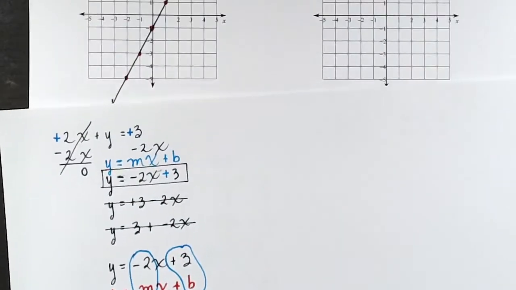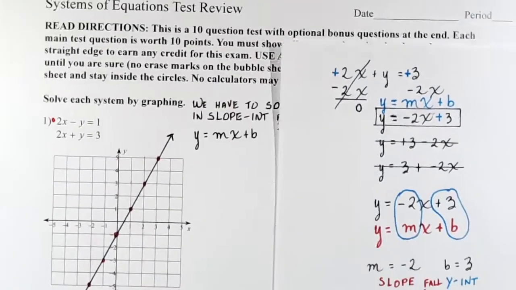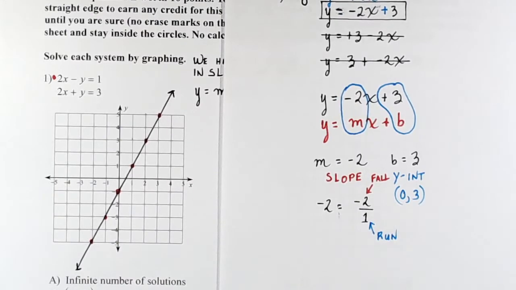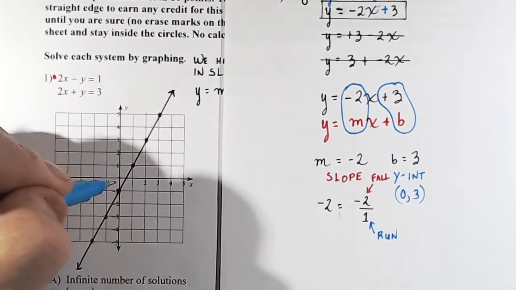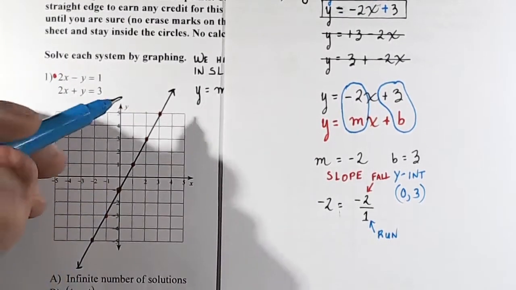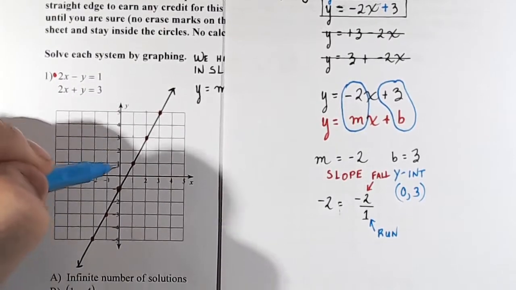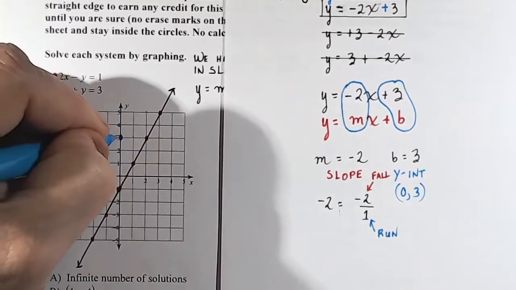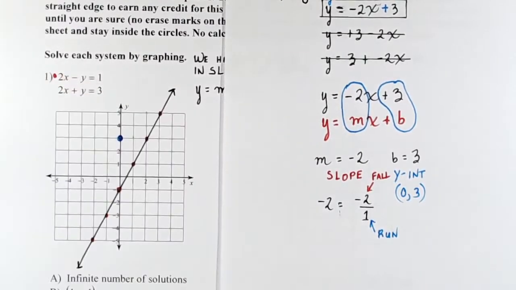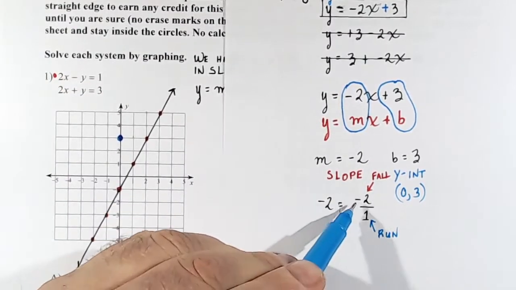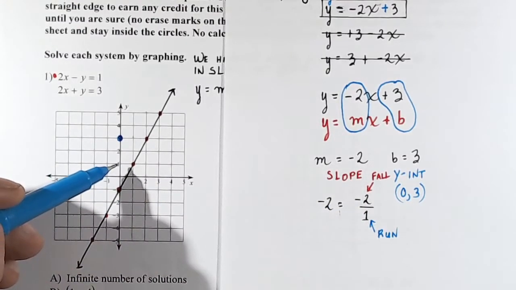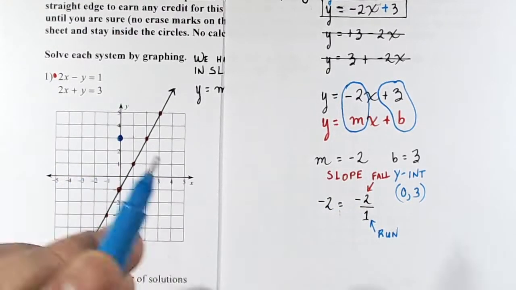So let's now go back to our graph, and let's copy over our information here. So I've got a y-intercept that starts at 0, 3, right here. Okay? And then I've got a slope that says go down 2 from any point on your line and then go over 1 to the right.